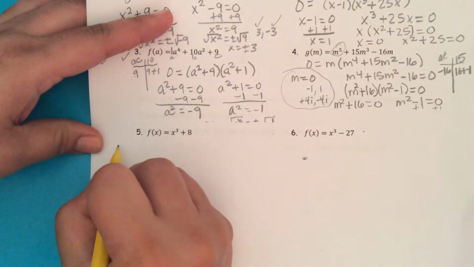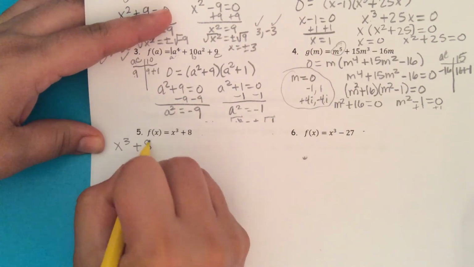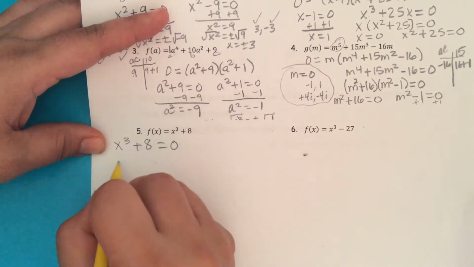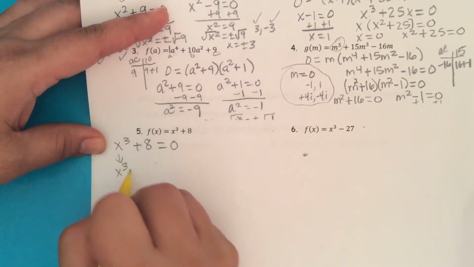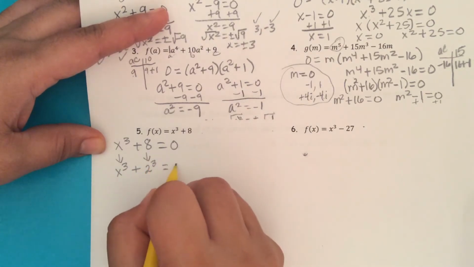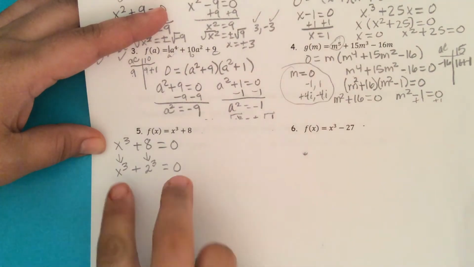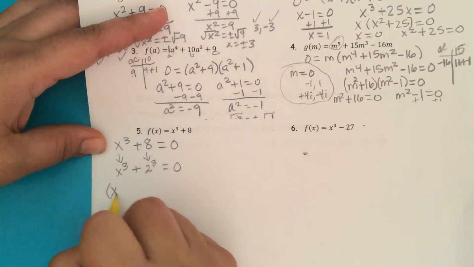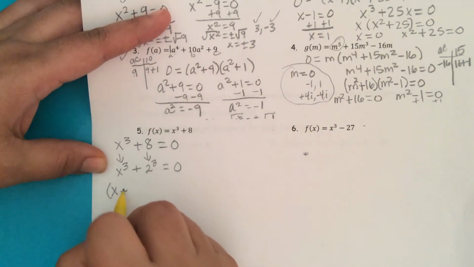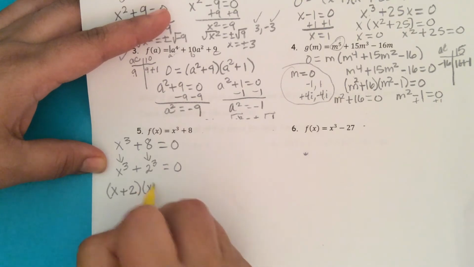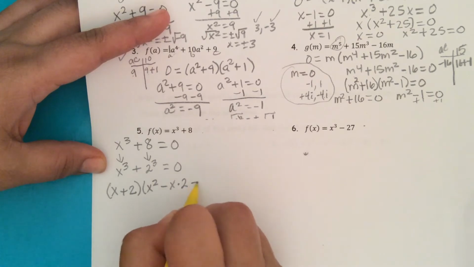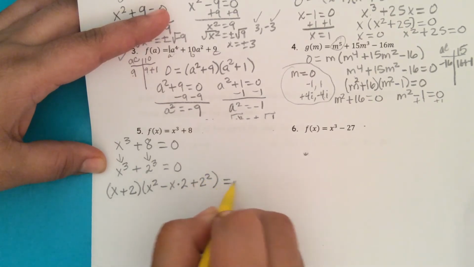So then this is x cubed plus 8 equals 0. It's a cubic, sum of cubes, so that's going to be x cubed plus 2 cubed equals 0. So now I'm going to factor this using the sum of cubes, which is what you just learned a little bit ago. So x plus 2 times x squared minus x times 2 plus 2 squared equals 0.